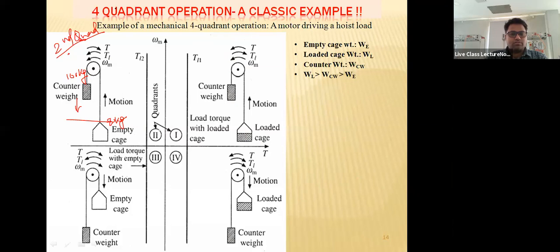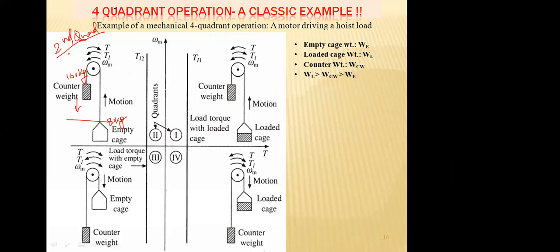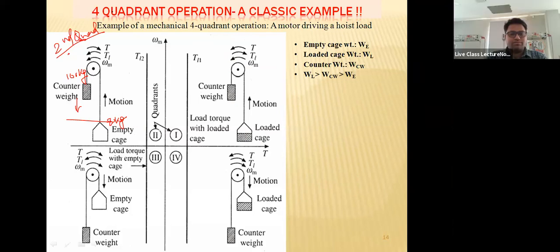The motor will try to keep the lift down only. Why will it try to keep the lift down? Once you release the lift, if there is no control mechanism, what will happen?